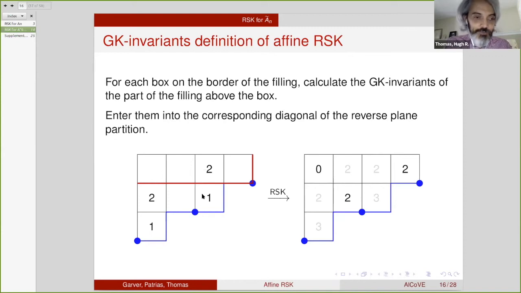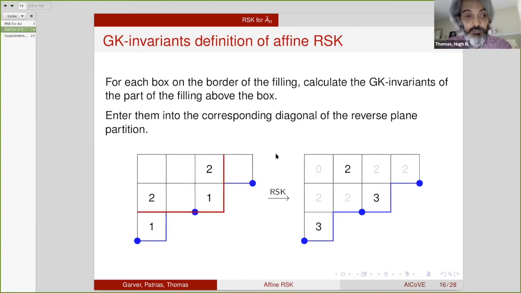You just have to do one period, and you're done. So here, what we see above this is really just this 2. That's all we see. And so the Greene-Kleitman invariants are just 2 and then infinitely many zeros. And so we get 2 and infinitely many zeros and 2 and infinitely many zeros. And over here, same thing.